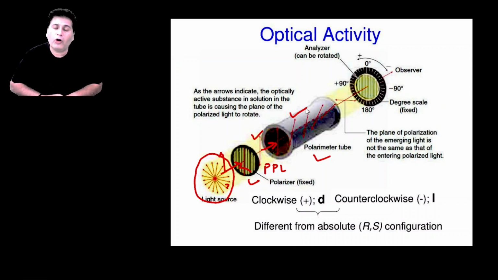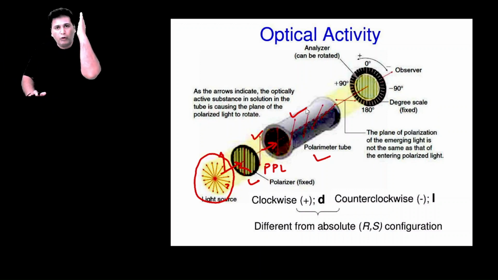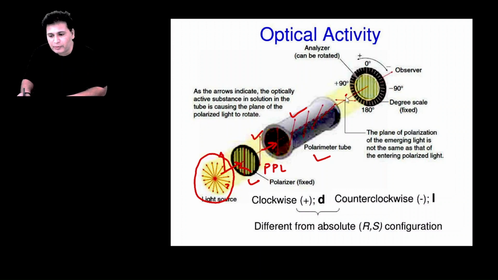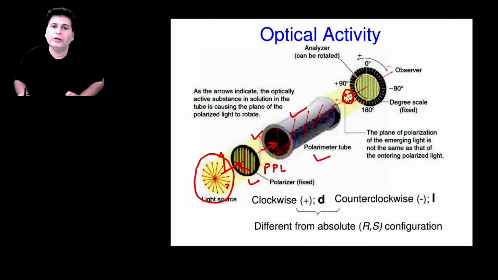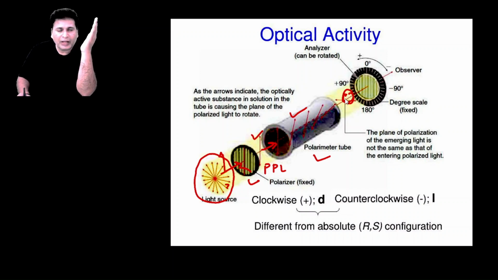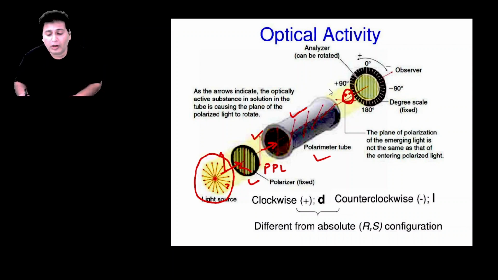If at all it happens, you watch for the plane of the plane polarized light once the light is coming outside of this polarimeter tube, and if you find that the plane has been shifted either clockwise or anti-clockwise, then you call the compound whose solution you had taken an optically active compound.